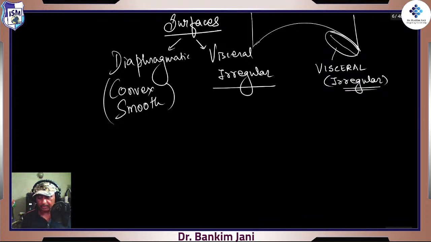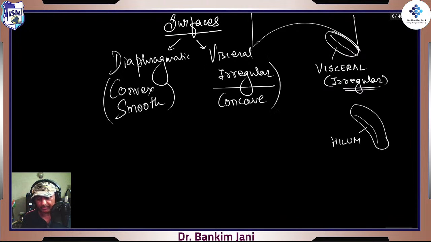When we draw the spleen, we'll find that this is the portion which is also called the hilum. It is through the hilum that all those vessels will be going, so we'll also add one more word, and that is concave. This is concave and irregular. That one is convex and smooth, right? So far, all easy.